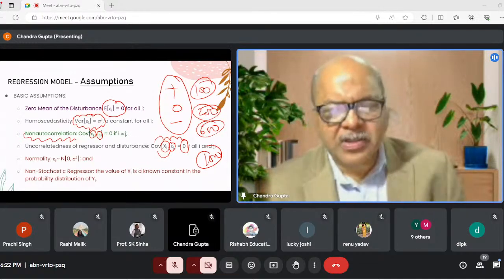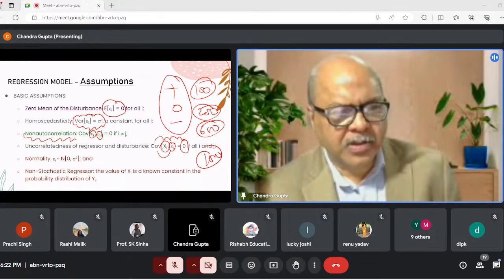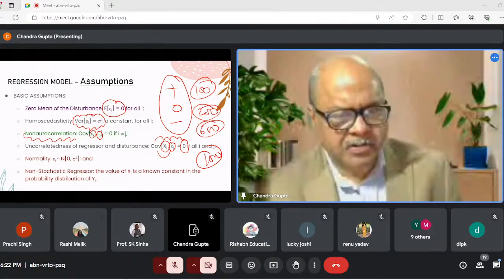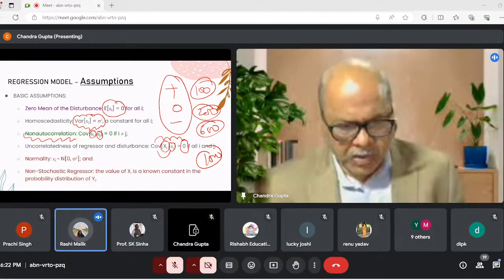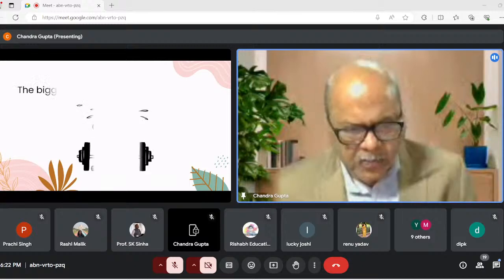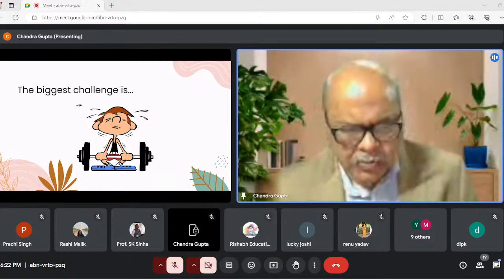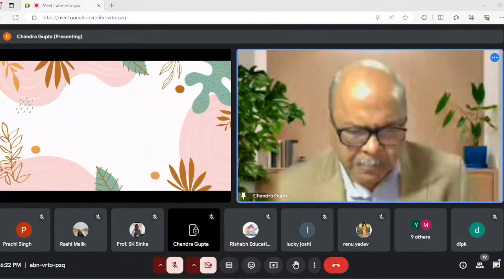Any question about assumptions? Any doubt about assumptions? Okay. Now the question is, if you have made a model and made the necessary assumptions, what is the biggest challenge? The biggest challenge is how to get the estimates of alpha and beta.